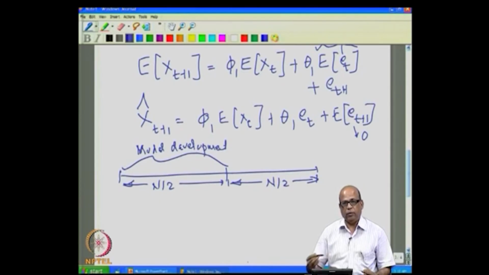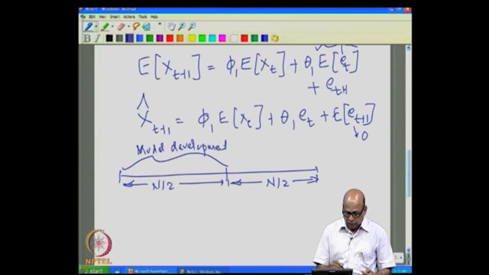In fact, when we see in the applications most often the AR1 or AR2 model themselves will be sufficient for one time step ahead forecasting, especially when we are talking about smoothened processes like monthly streamflows, seasonal flows and so on. So, we choose the candidate models which may be different from the candidate models that you would have chosen for long term synthetic generation of the data.